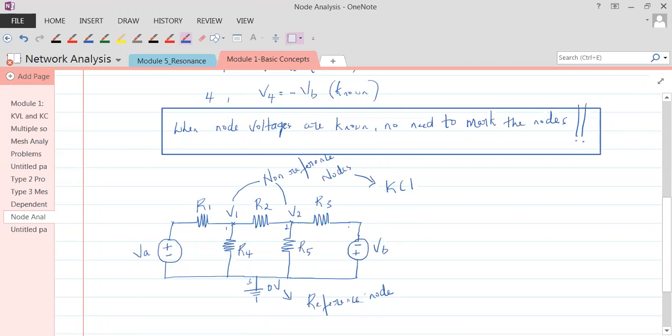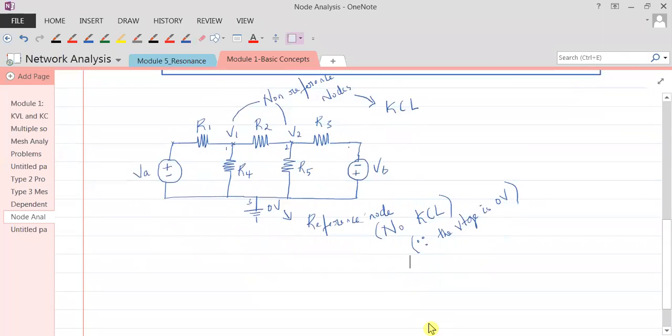KCL rather, sorry, not KVL. It's KCL now because it is node analysis. Here, no KCL. Why no KCL? Since the voltage is known. The voltage is 0 volts. That's known. Get this point, everybody? Okay.